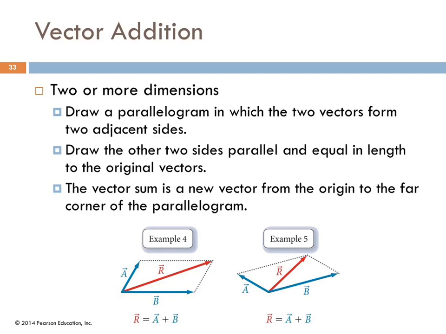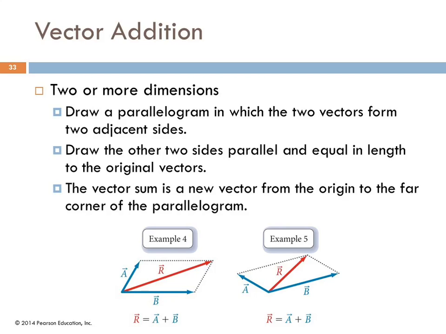2 dimensions. You're going to draw the vectors. So here's this vector going that way and this one going this way. Then you draw a parallelogram, making the vectors 2 of the sides of the parallelogram. Remember, a parallelogram has parallel sides, but the angles can be different than 90 degrees.